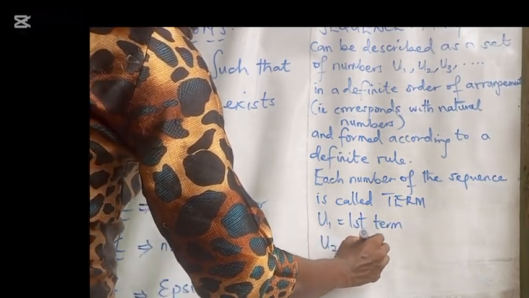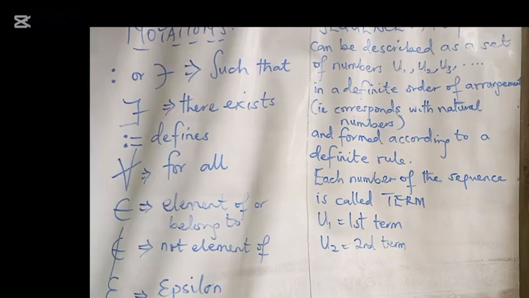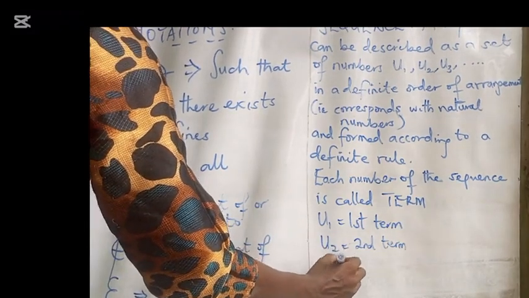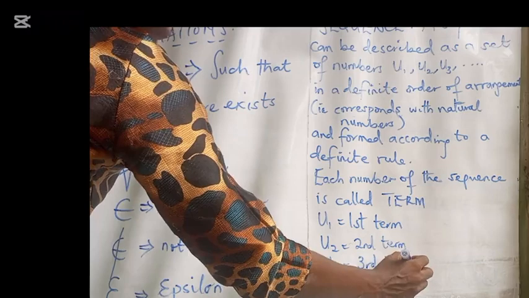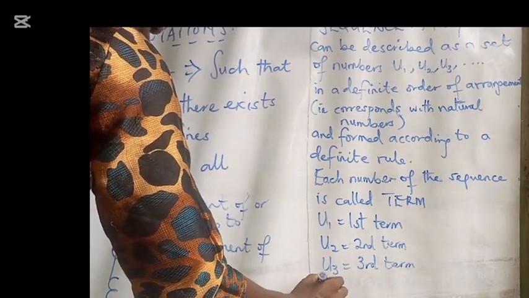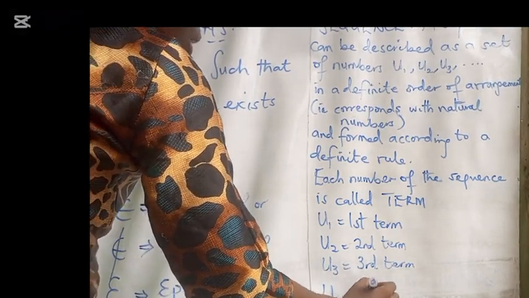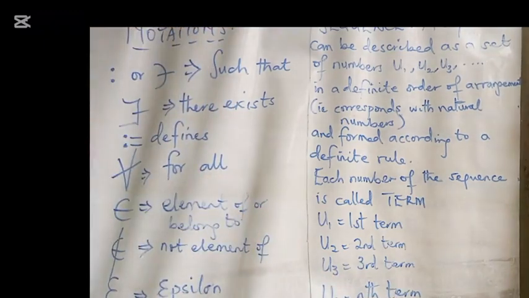My u2 will be what? The second term. u3 will be what? Third term. And if I continue like that, I can get a un, which we refer to as what? The nth term of the sequence.